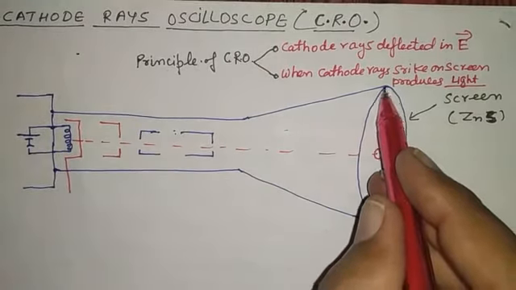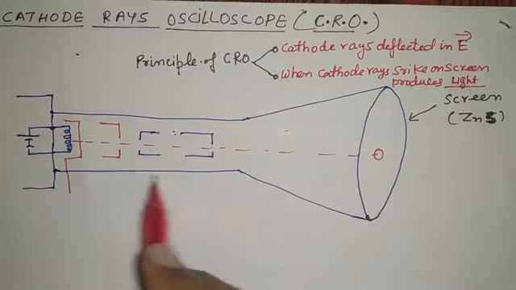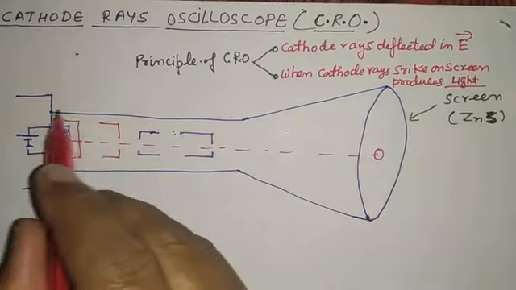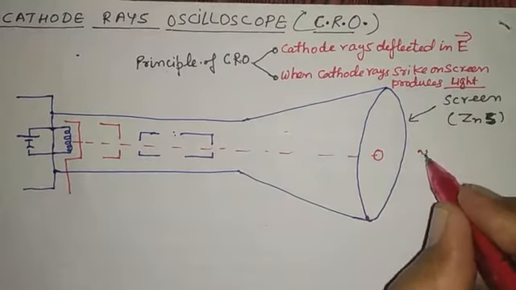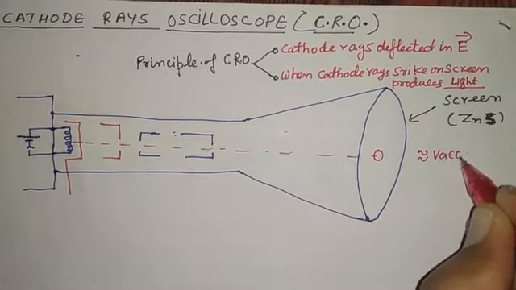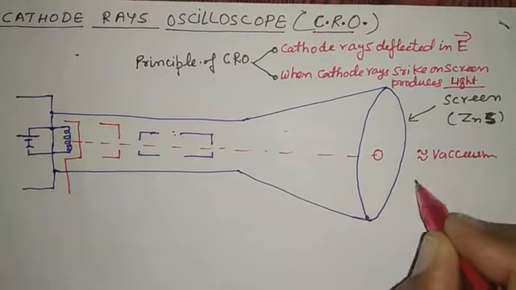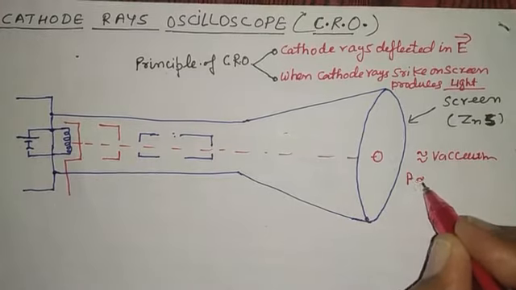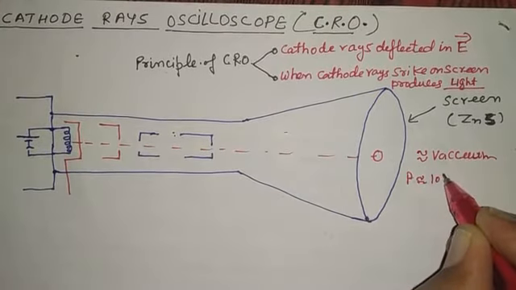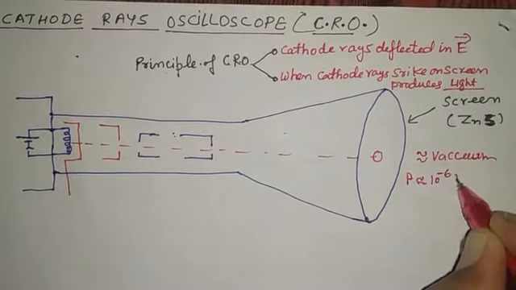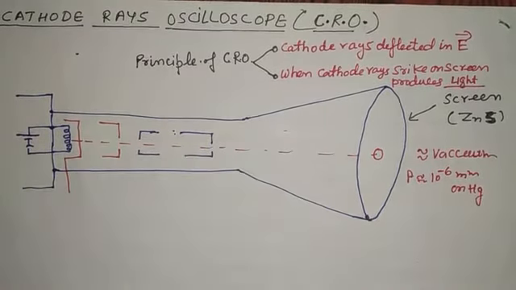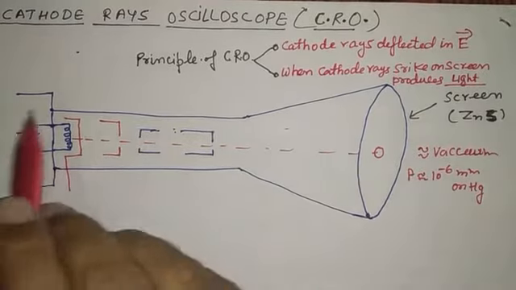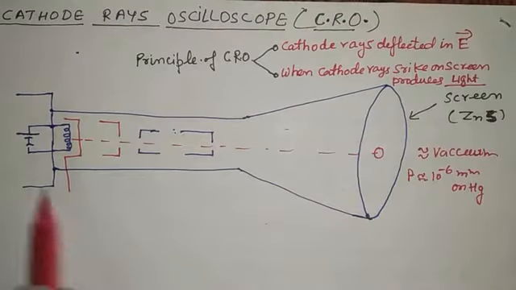Here is an enclosure. This enclosure is likely vacuum. Pressure inside is approximately 10 to the power minus 6 mm of mercury column. This is a picture of a CRO.